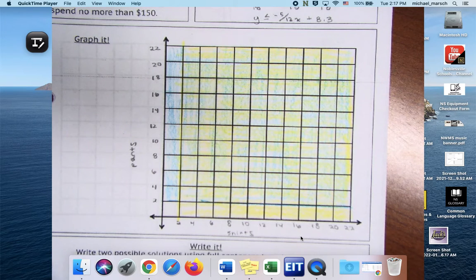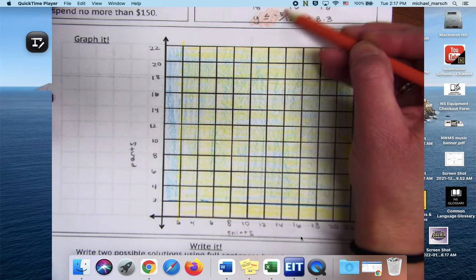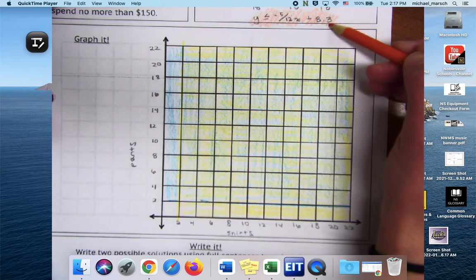So then our last inequality is going to be orange, or whatever color you chose. I'm going to plot my y-intercept, which is 8.3. And I'm going to go down 5, so I'm going to be at about 3.3, and I'm going to go over 12.